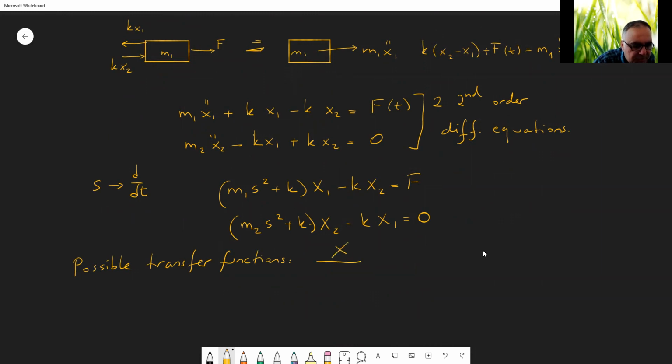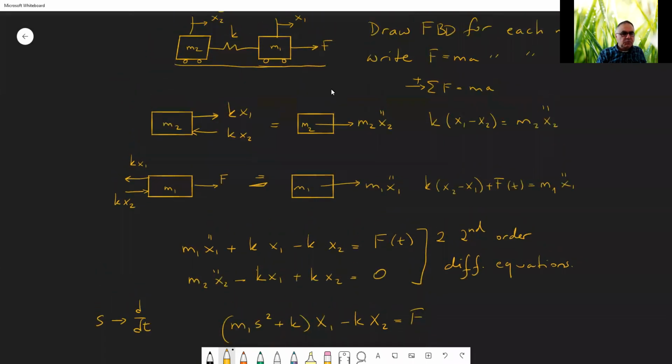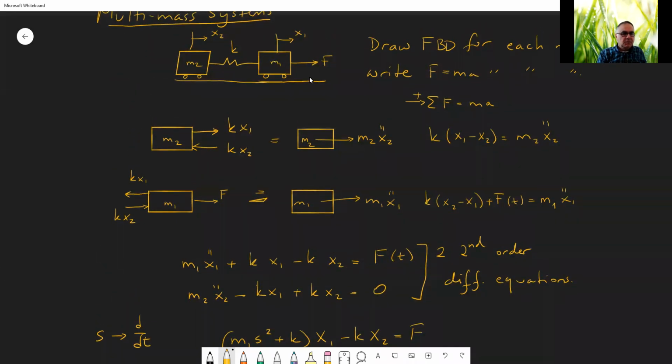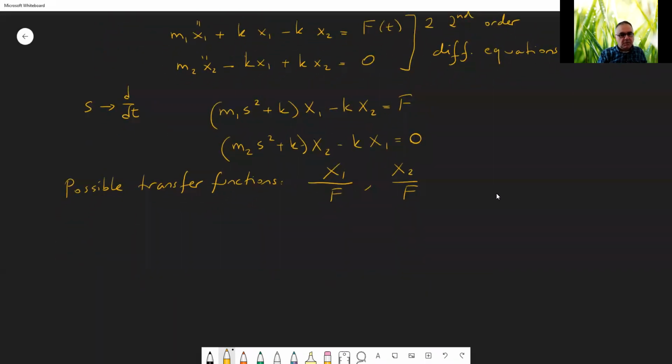The possible transfer functions: you might have x1 over f or x2 over f, right? What does this mean? It means the effect of f on x1 or the effect of f on x2.